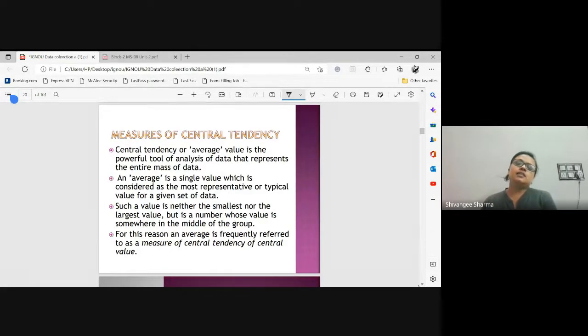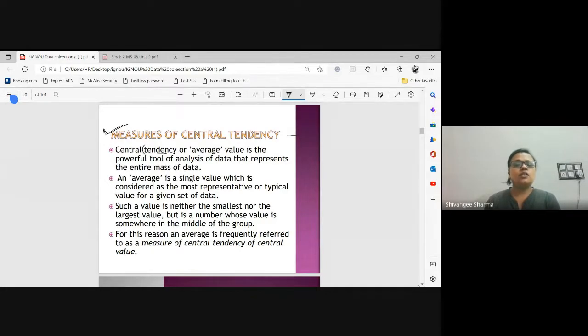Next in the series of your first block is measures of central tendency. It is very important because it is from where the first numerical portion of this block starts. So, what is central tendency?